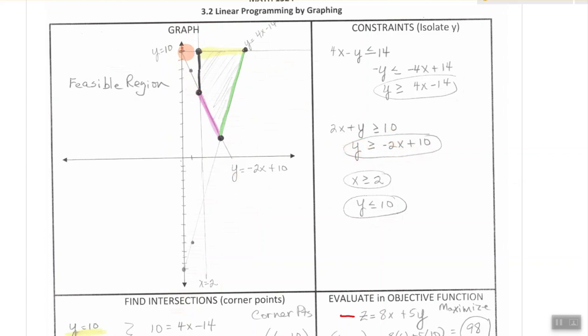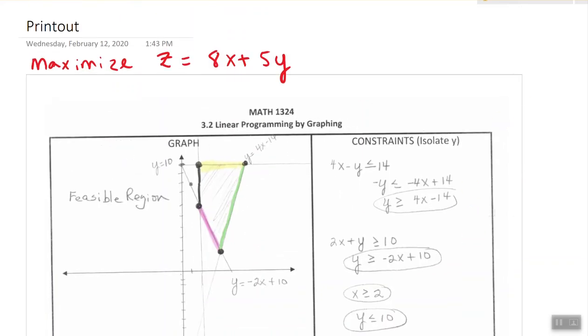Went to 10, went down 2 over 1, that made that line. You can see that the region that is bounded by all those lines is this in here, inside. All right, so this is my feasible region.